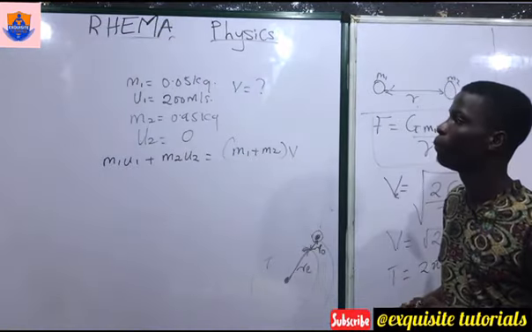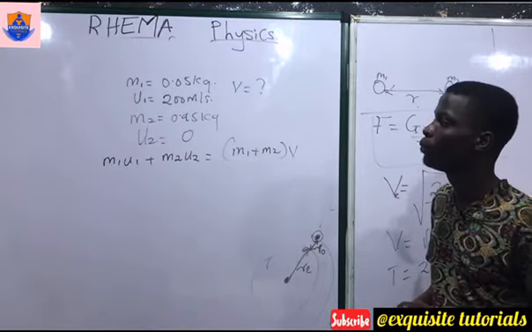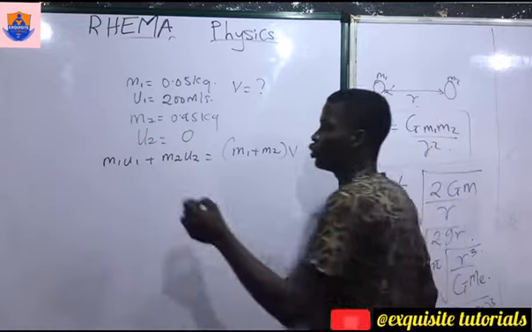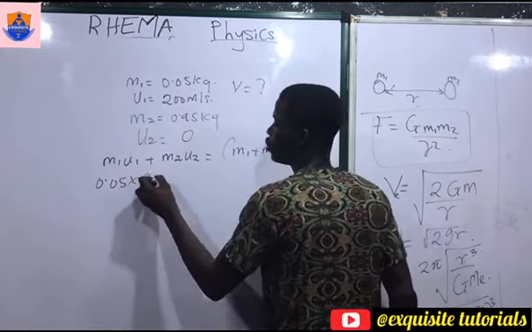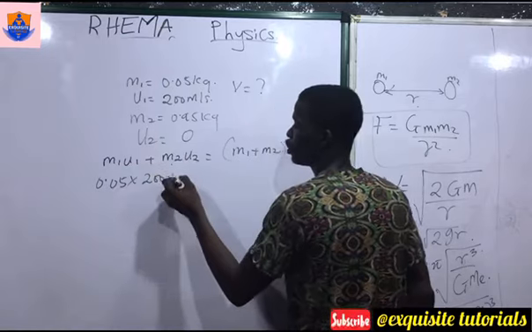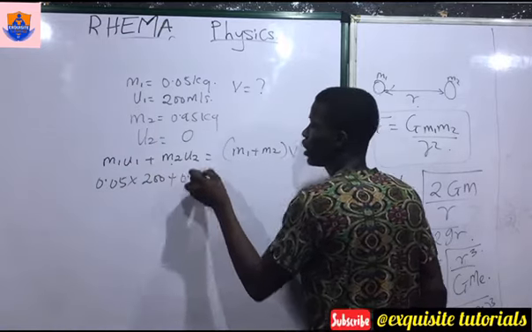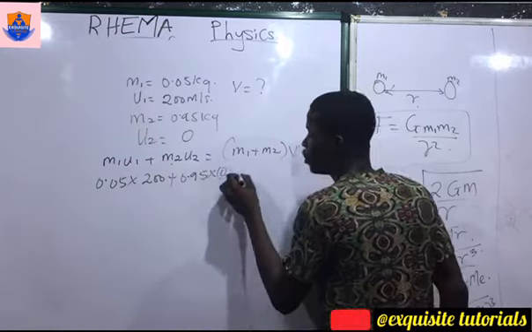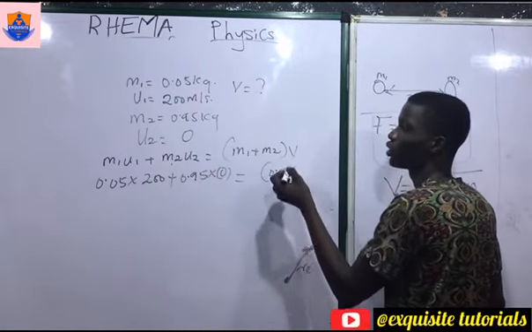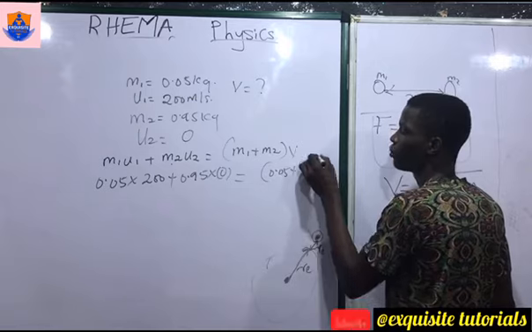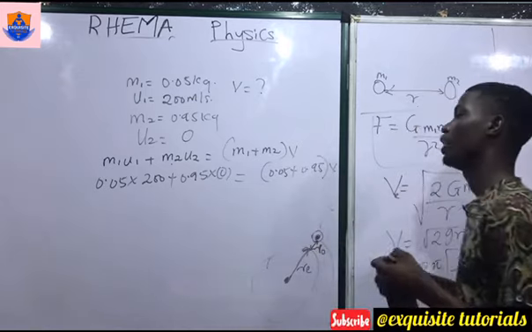So let's solve. It will be 0.05 multiplied by our u1, 200, plus u2, 0.95 times 0, is equal to (0.05 plus 0.95) multiplied by their common velocity.